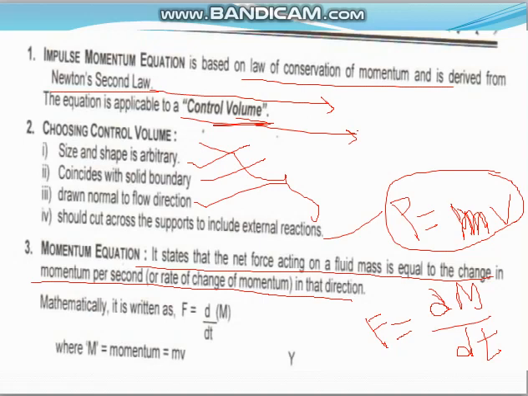So to understand, the impulse momentum equation is based on the law of conservation of momentum and on Newton's second law of motion. The momentum equation states that the net force acting on a fluid mass is equal to the change in momentum per second. Mathematically, F is equal to dM by dt, where M is the momentum. Simply we can say F is equal to d of mv by dt. We know that mass is always constant, so we can write it as m into dv by dt.